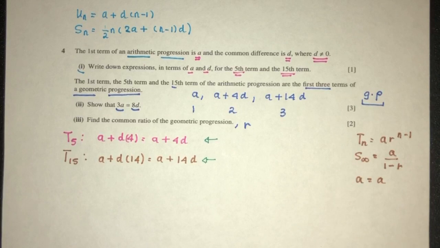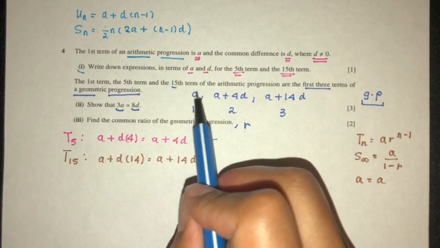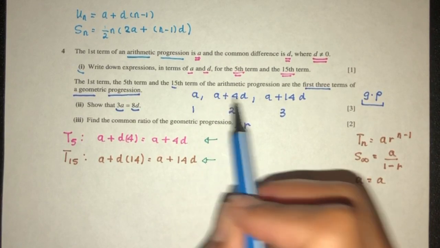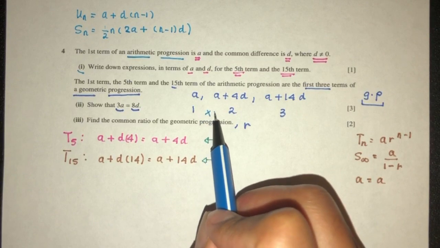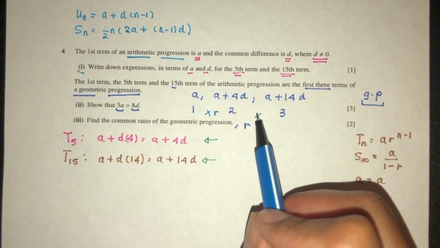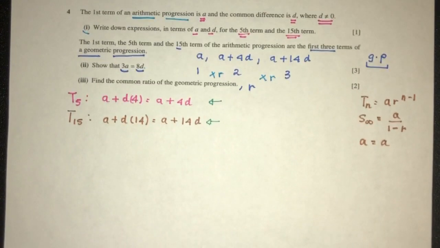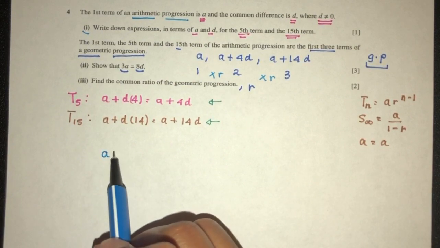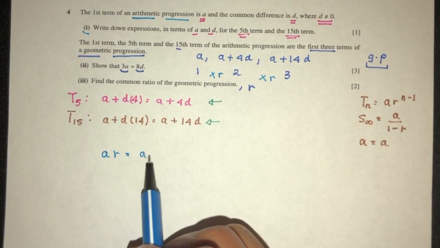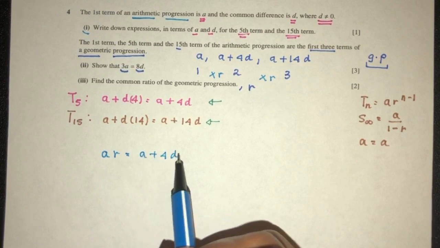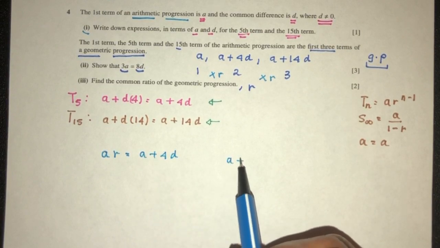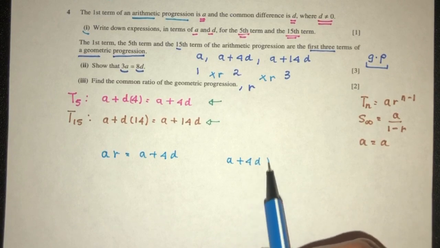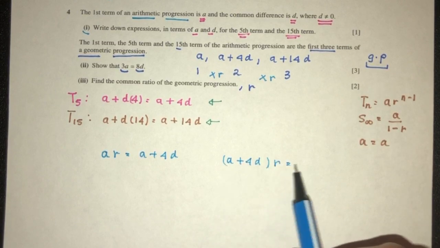Okay, so now we understand what? For example, from this term to get to the second term, if it is a GP, we have to multiply by r. Same thing here, multiply by r, right? So let me write this down. From the first term, if you multiply by r, you will get the second term. And from the second term, if you multiply by r, you will get the third term.